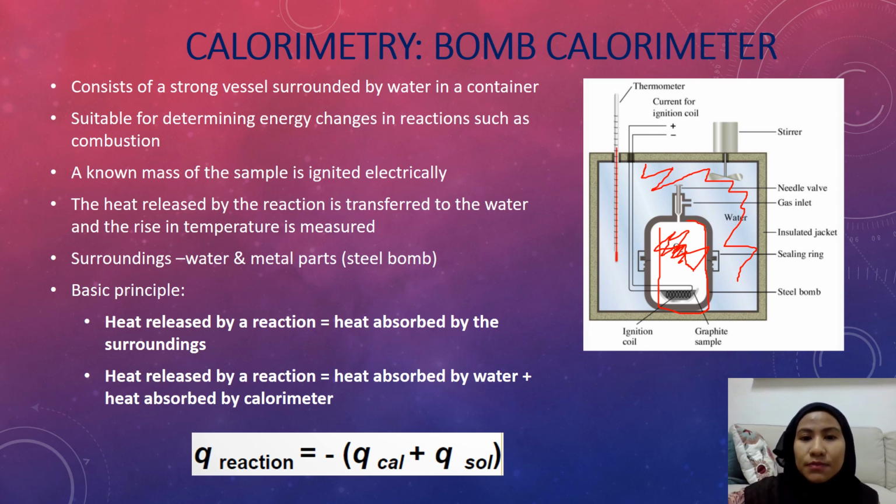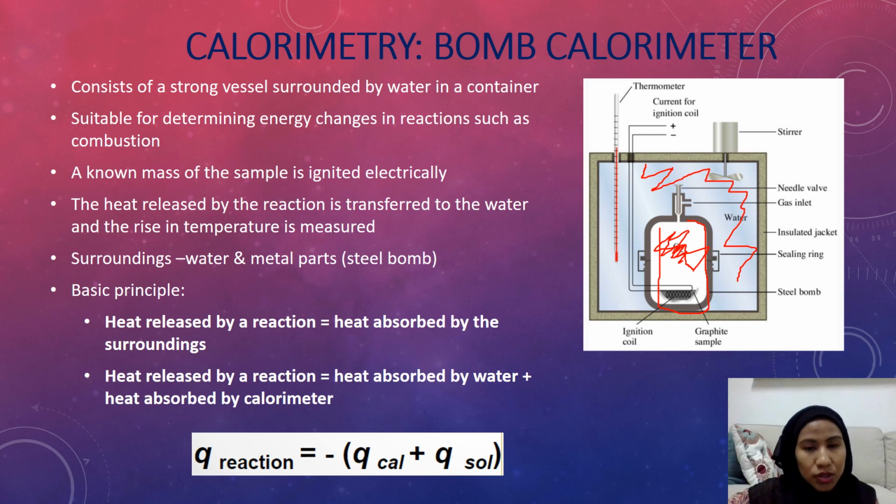The heat produced by the combustion reaction can be calculated accurately by recording the rise in temperature of the water, because the heat given off by the sample is absorbed by the water and the bomb calorimeter. The water and the metal parts are considered the surroundings.